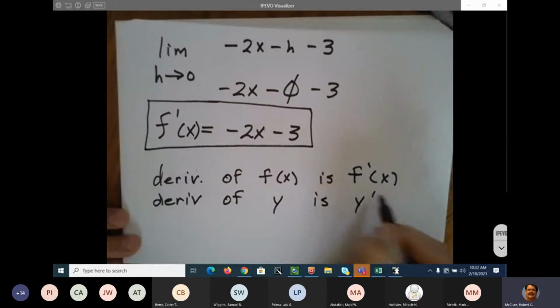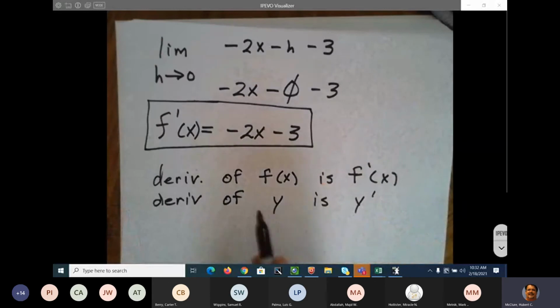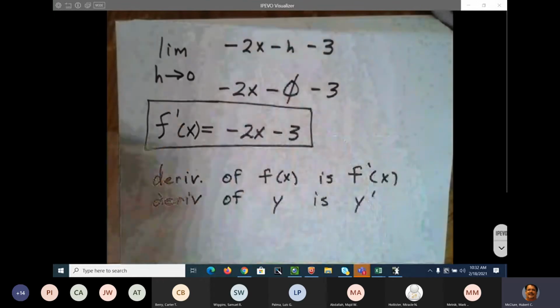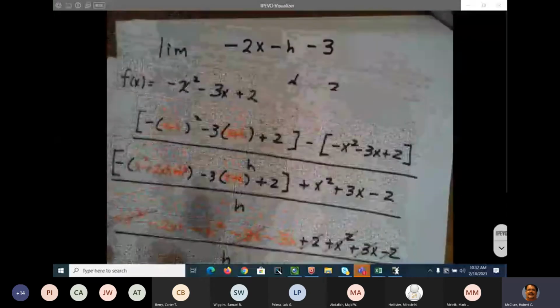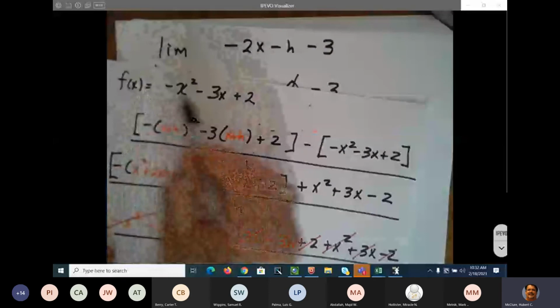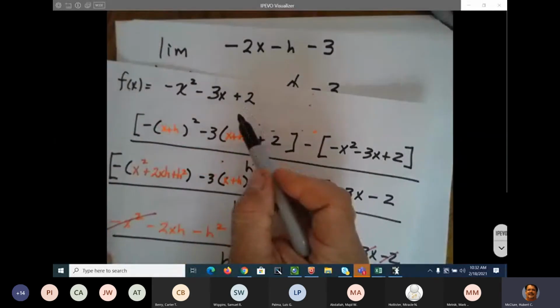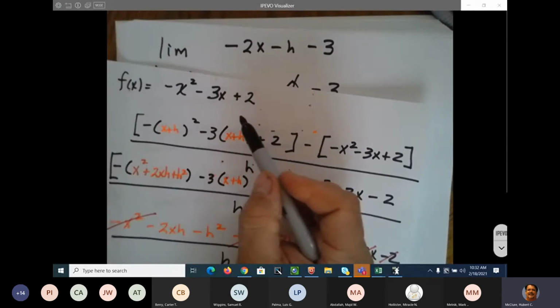It depends on who you have or what book you have. It may say f of x is equal to this, or it may say y is equal to this. It'll say one of those.